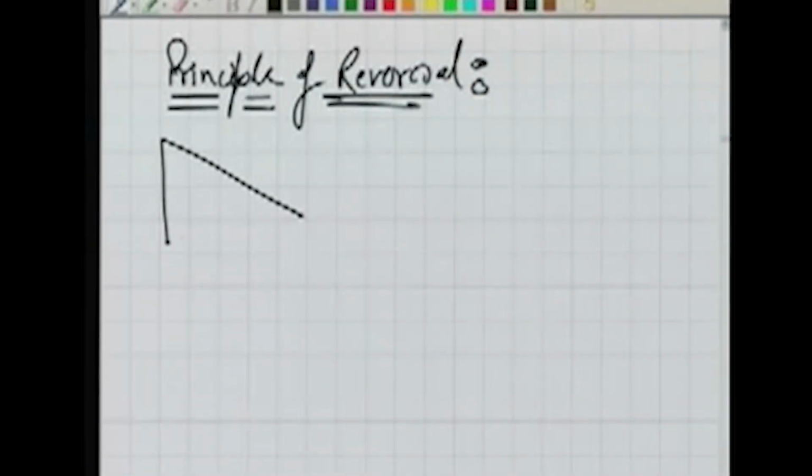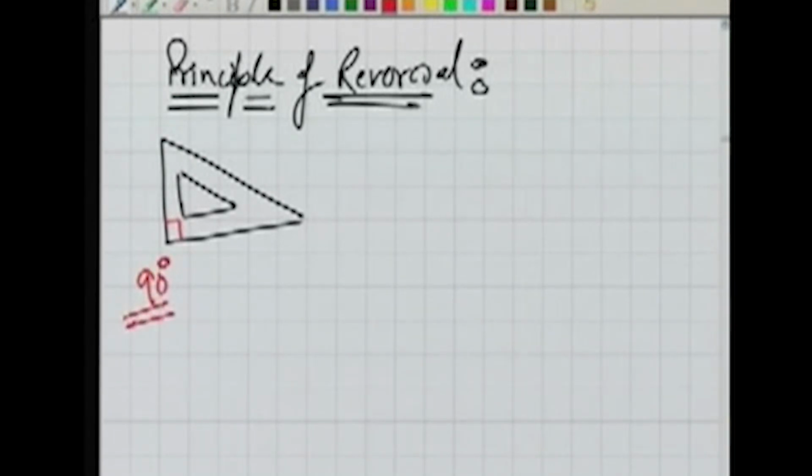This is very important. Let us say we have a set square. All of you have worked with a set square, and this is the set square. Ideally speaking, the angle in the set square should be 90 degrees. We assume it to be 90 degrees, but is it really 90 degrees? It has been manufactured somewhere. The company or the vendor, they try to make it 90, but it will never be true 90.